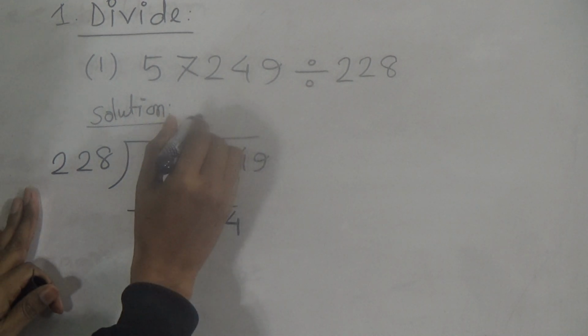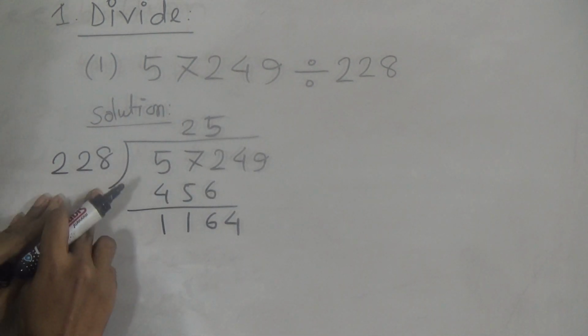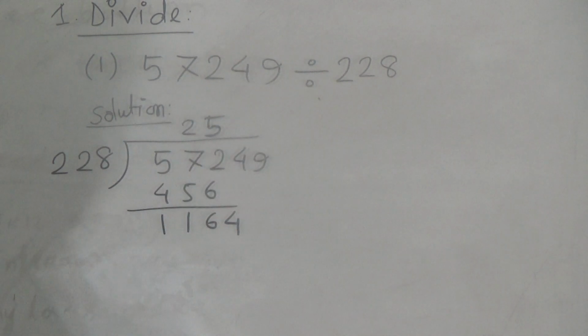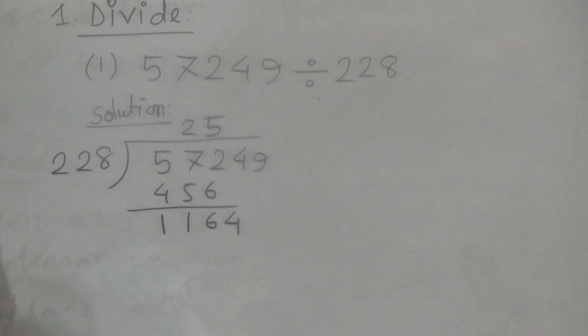Look, 5 times. Now we have to multiply 228 with 5. Okay, student, look. 228 into 5. 5 8s are 40.